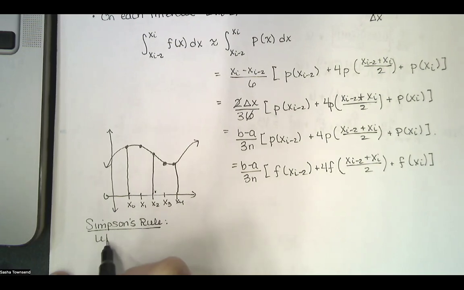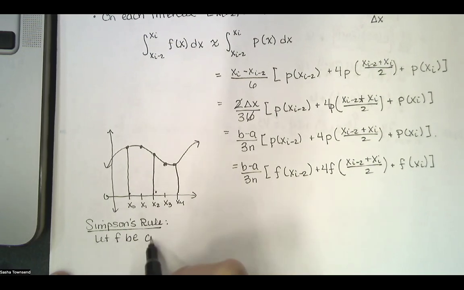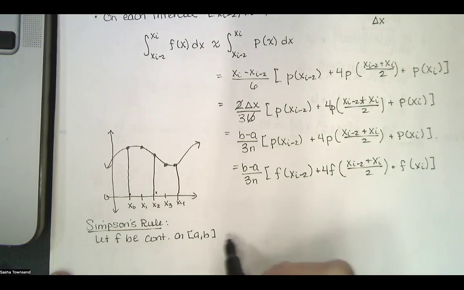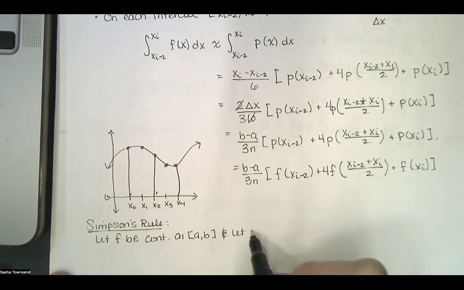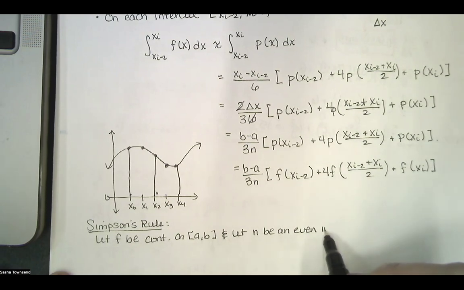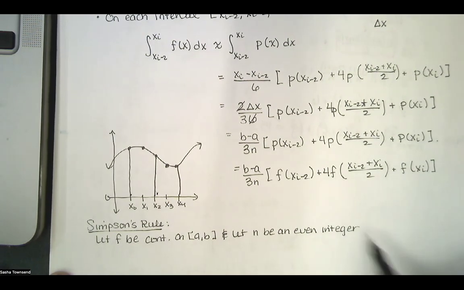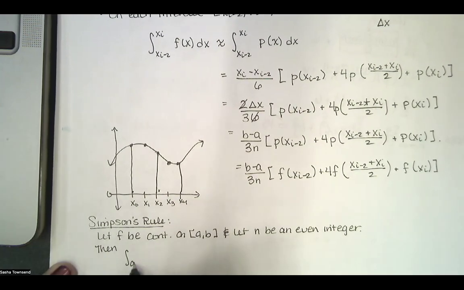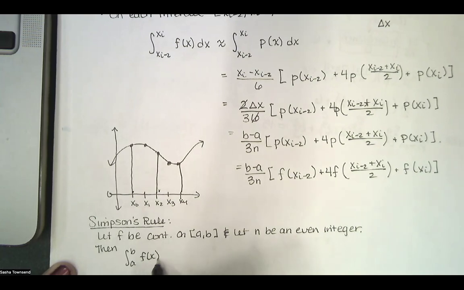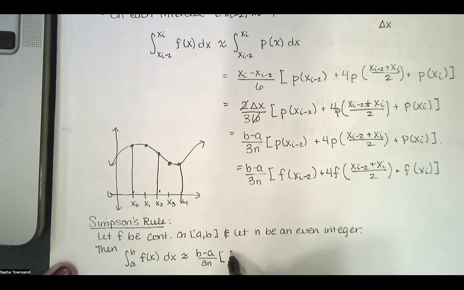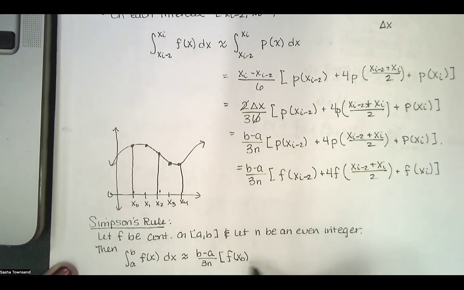It says let f be continuous on the closed interval from a to b, and let n be an even integer. Then the integral from a to b of f of x is approximately equal to b minus a divided by 3n times the function value at x0.